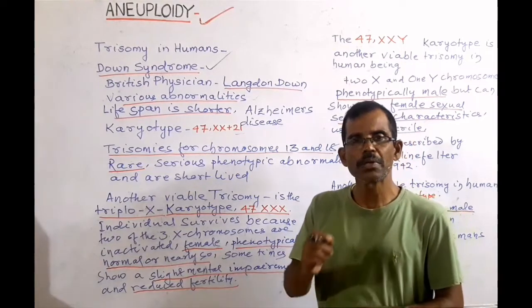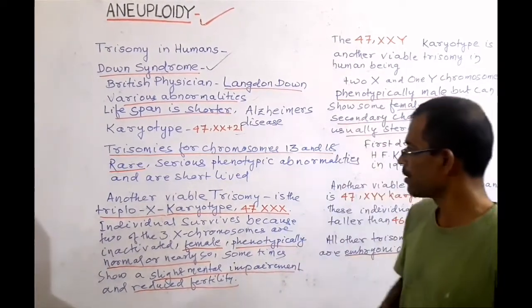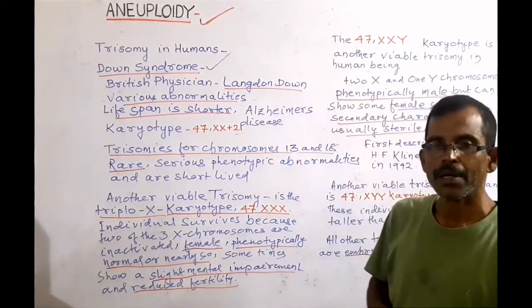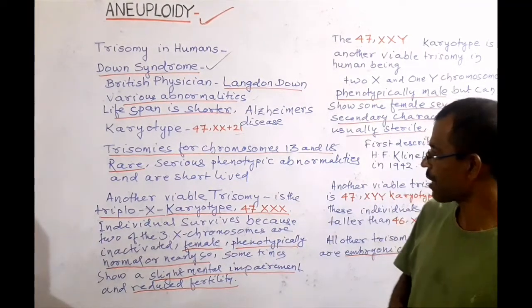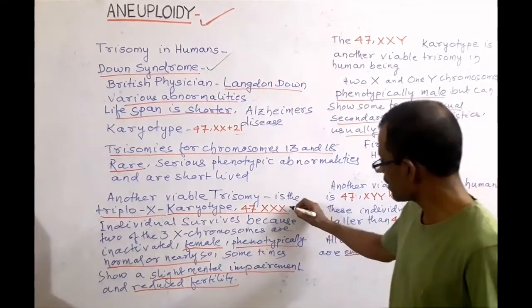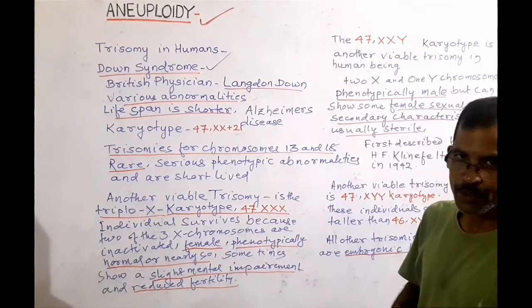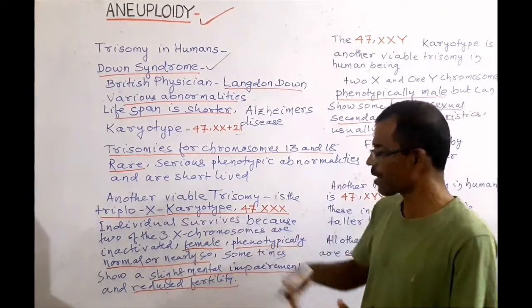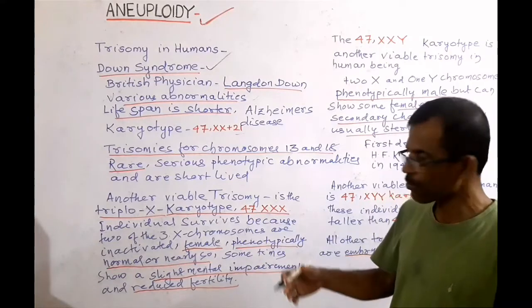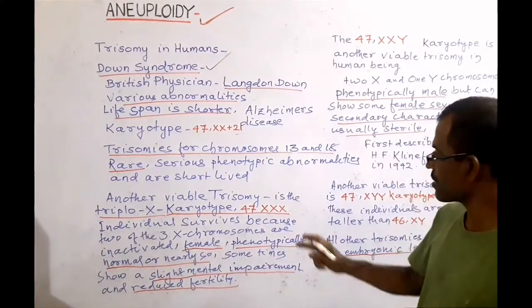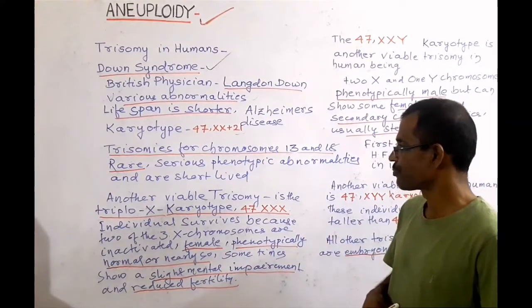Another viable trisomy in human beings is the triplo X karyotype. Triplo X karyotype is an abnormal condition in which there are 3 X chromosomes. So in individuals with such a karyotype, the total number of chromosomes is 47 and there are 3 copies of the X chromosome.